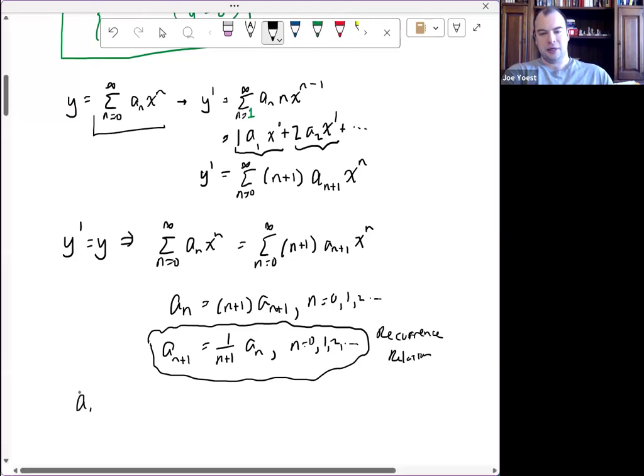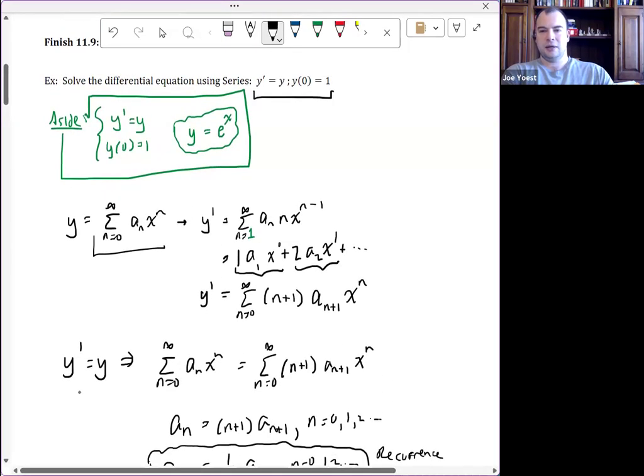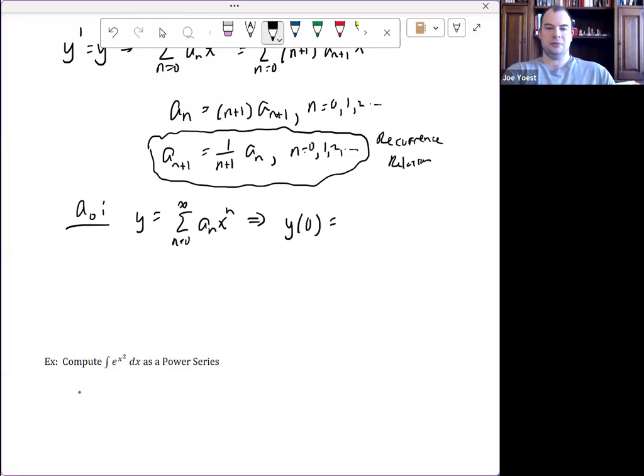So what is a naught then? Well, on one hand, I know that y is the sum n equals 0 to infinity of an x to the n. What I haven't used yet is y of 0 equals 1. So what is y of 0? Well, y is a naught plus a1x plus a2x squared and so on.